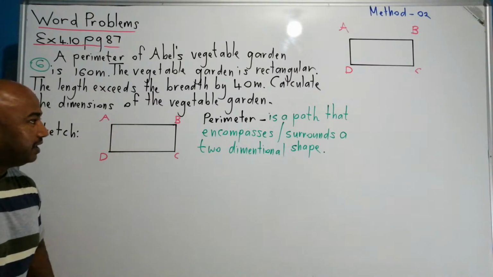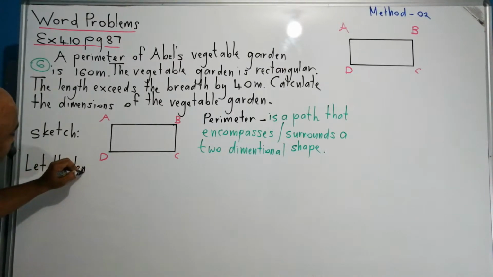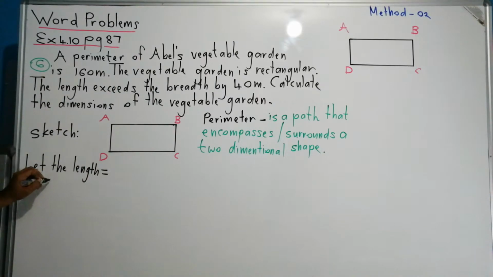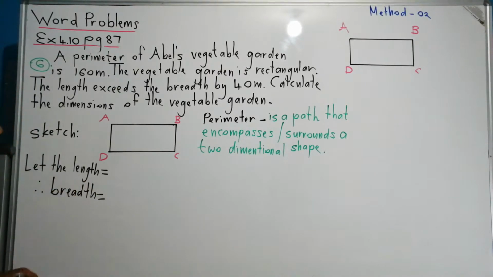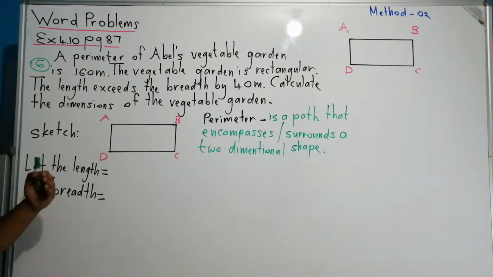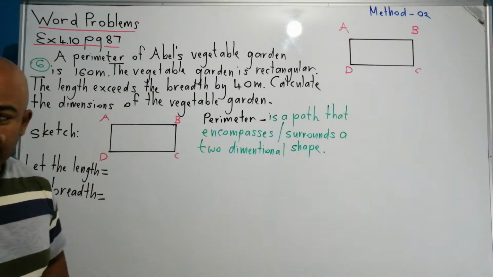So let's start with that first. Let the length equal and the breadth equal, we need to assign a variable to each side.